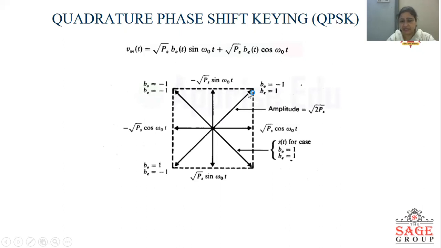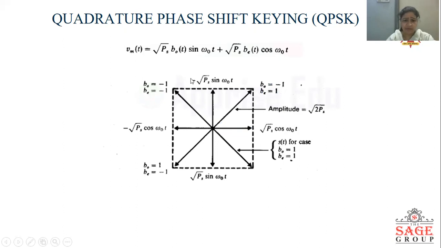So this will be the diagonal. So this point will represent B naught is equal to -1 and BE is equal to 1. And the length of this diagonal will be the resultant. So using the Pythagoras theorem, since this length is root PS and this length is also root PS, the amplitude, or we can say the length of this diagonal, will be root 2 PS.